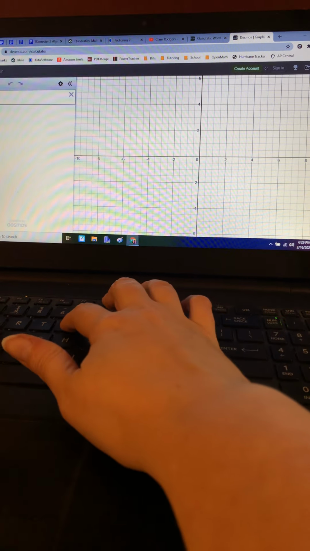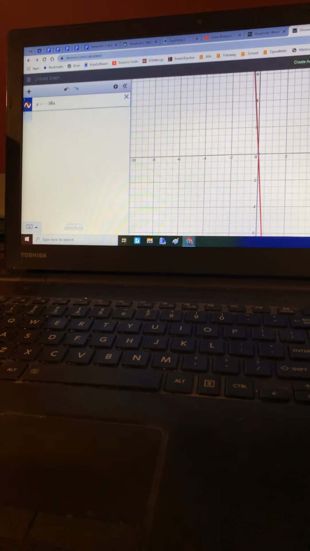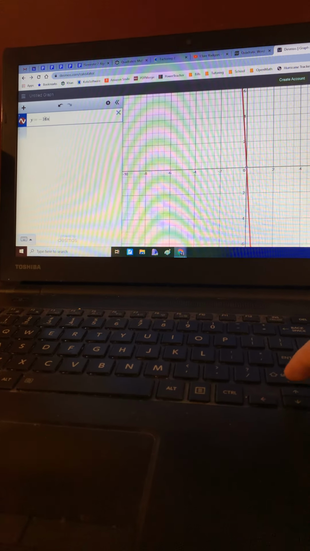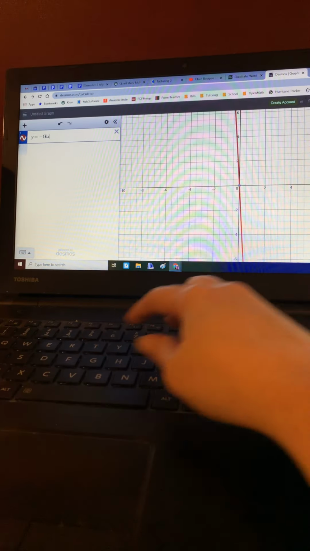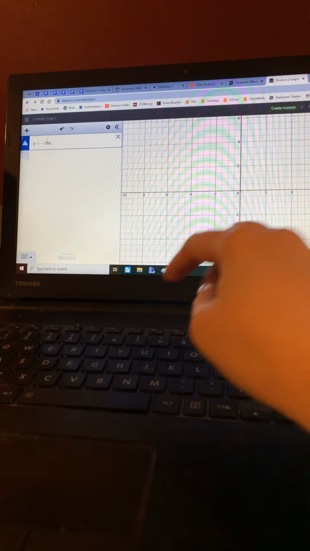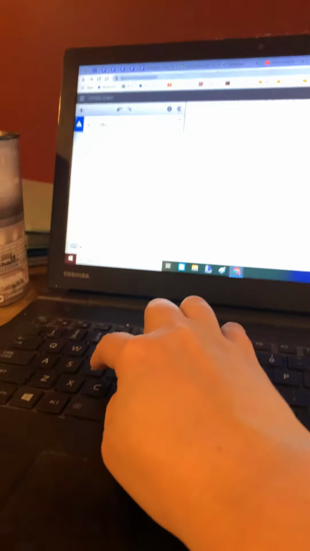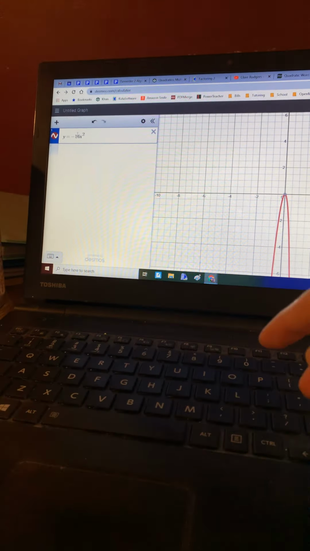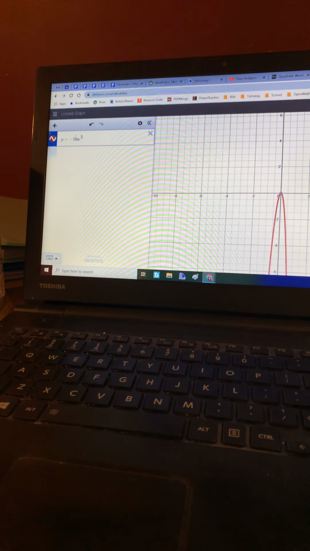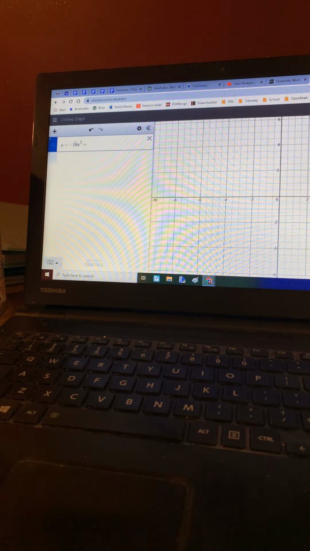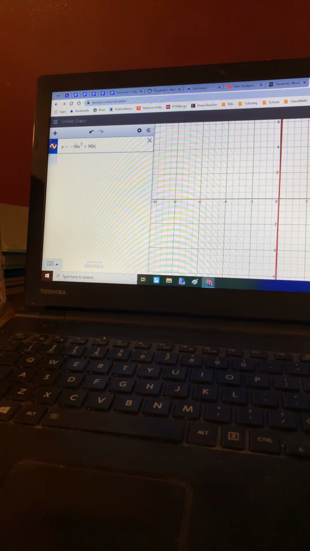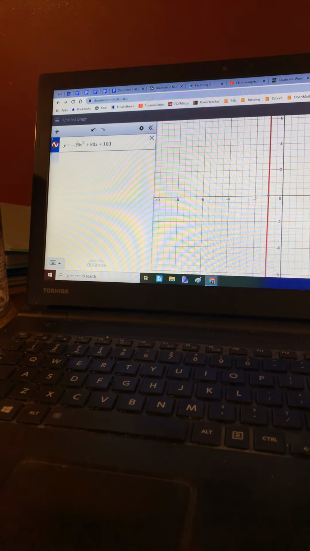Now, this part, you're going to write y equals, not s of t equals. Okay, and then we're going to type negative 16 x, and then you're going to hit shift and 6, so the little caret symbol. Okay, squared, and then plus 80x plus 100.